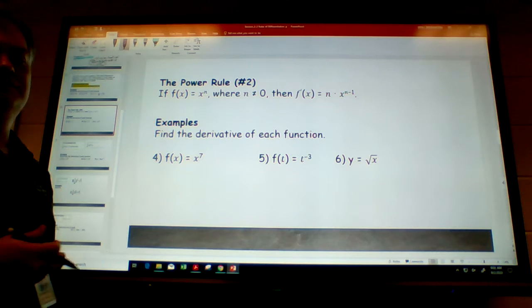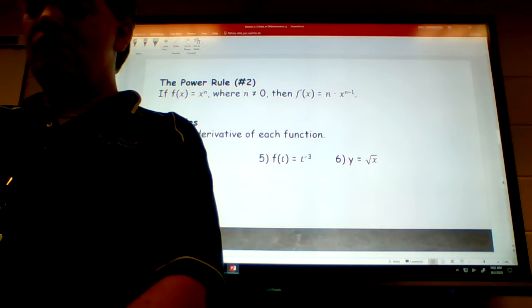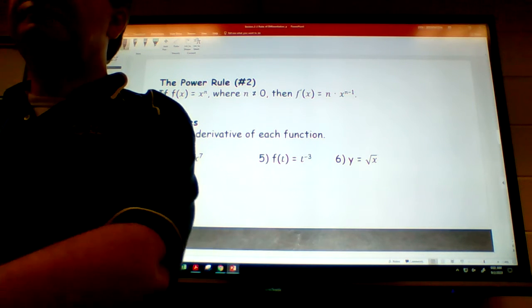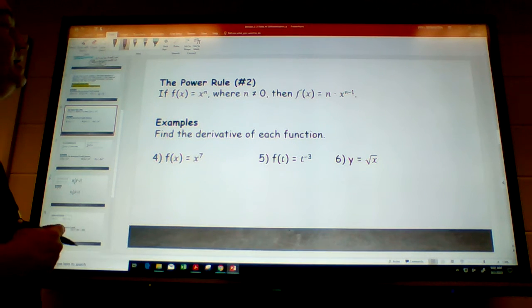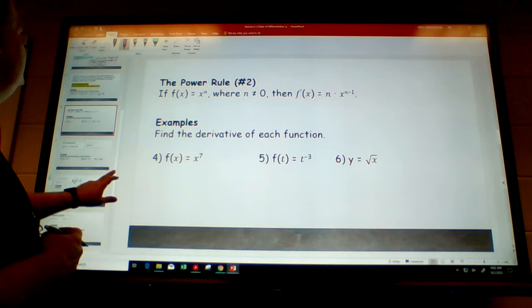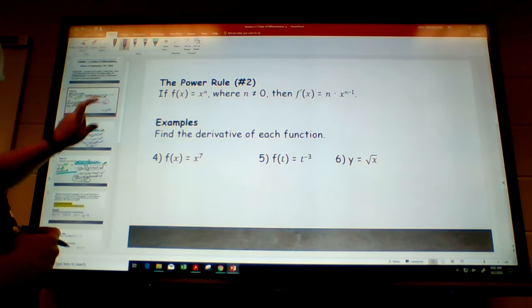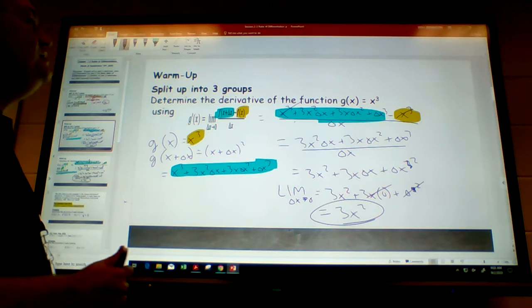the power rule. When dealing with derivatives, and you've got the power rule, if you have x to any power n, as long as n is not 0, then f prime is going to be n times x to the n minus 1. If you look at the following, well, this one's not a good example, but x to the third.